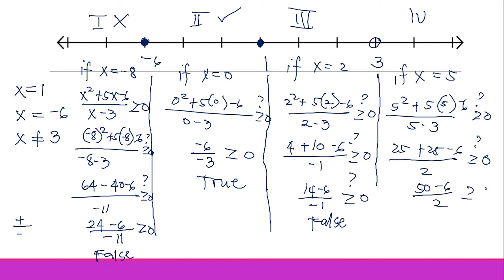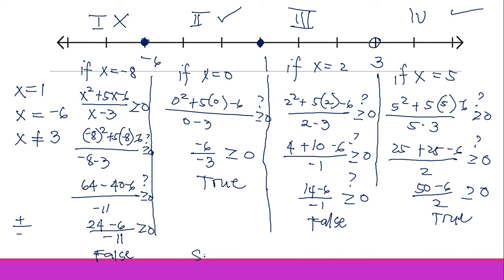Looking at that one, 50 minus 6 gives us a positive number. Positive divided by positive is positive, and positive numbers are greater than 0. So this means that this is true, and region 4 is part of the solution.